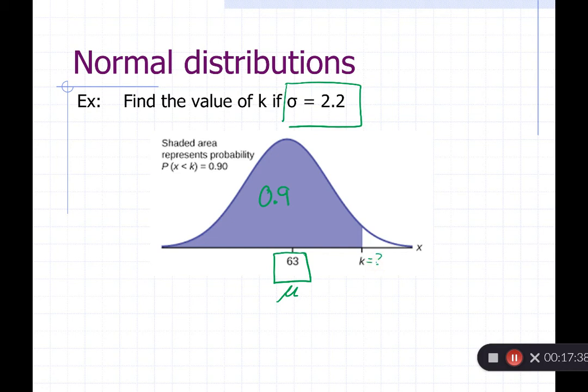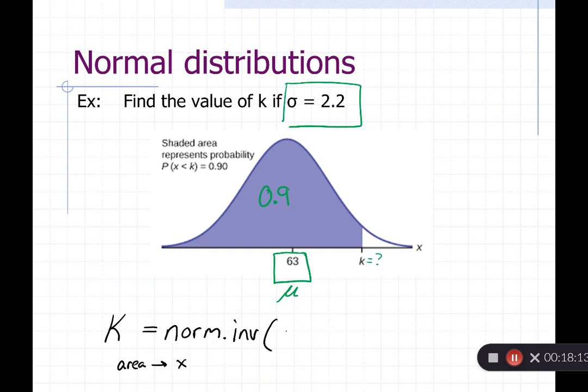Well, using the formula on the last slide, if we're using Excel, k should equal norm.inv, not .s, because we're given the area, and we want an x value.